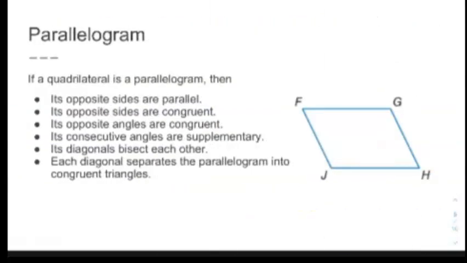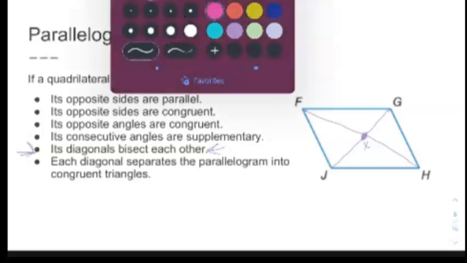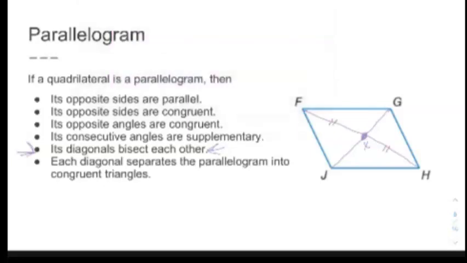Now, if a quadrilateral is a parallelogram, then the diagonals bisect each other. So if we have our diagonals drawn here, not very straight but close enough, we state that they meet at X. If the diagonals bisect each other, remember this is where we have two congruent parts on each side.